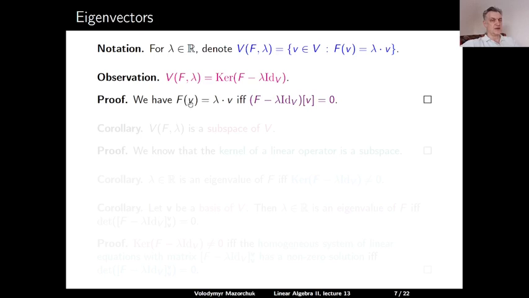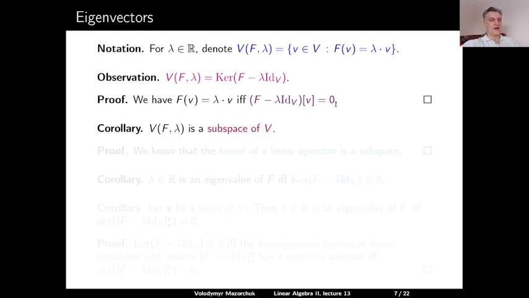And the condition that f of v is equal to lambda v is then the condition f minus lambda identity applied to v is equal to 0. So the eigenvector for v with eigenvalue lambda is the same thing as the element in the kernel of the linear operator f minus lambda times the identity of v.